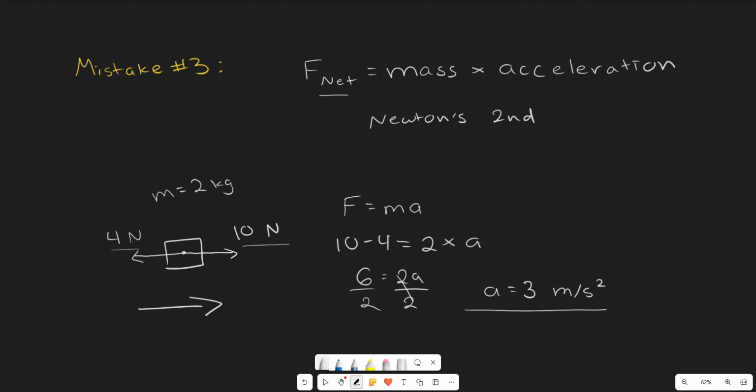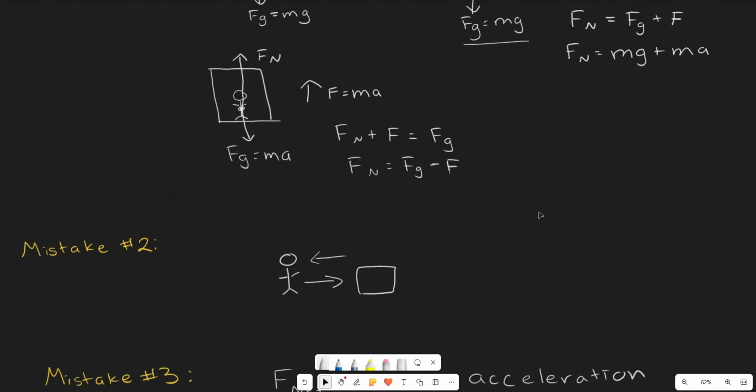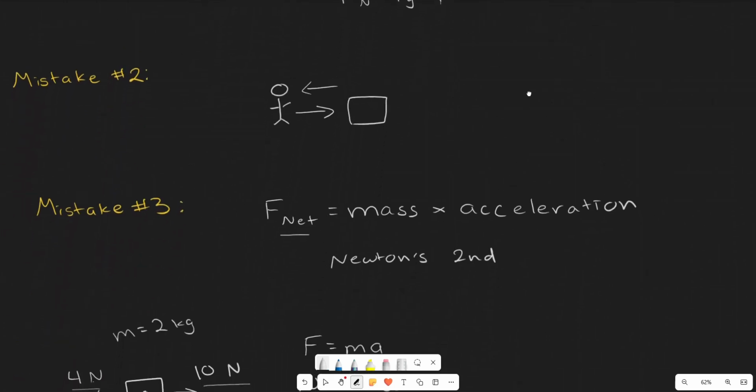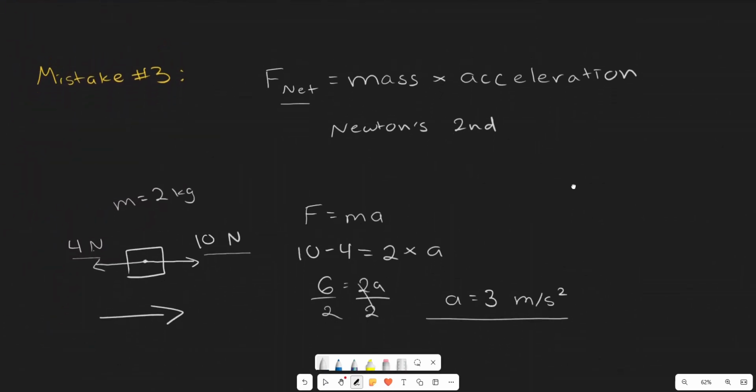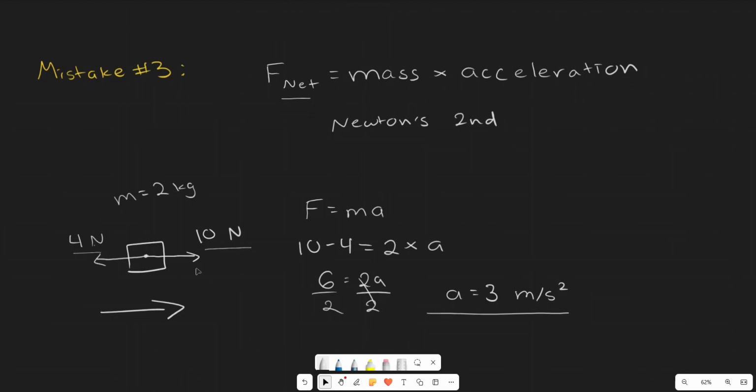From what we've learned out of all of these 3 mistakes, all of them can be fixed in one simple manner. You just draw a free body diagram. What is a free body diagram? It's just a diagram that shows all of the forces acting on an object.